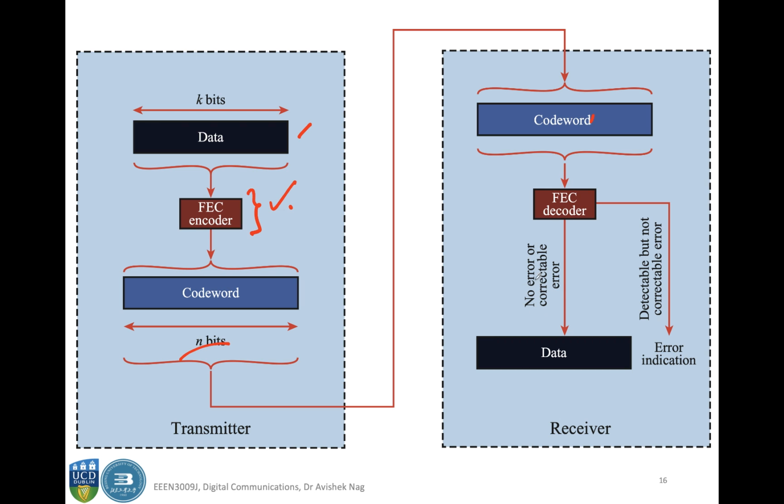If you have no error or correctable errors, then you get back the data, but sometimes you detect the error but you cannot correct it. So in that case you just indicate that there is an error.